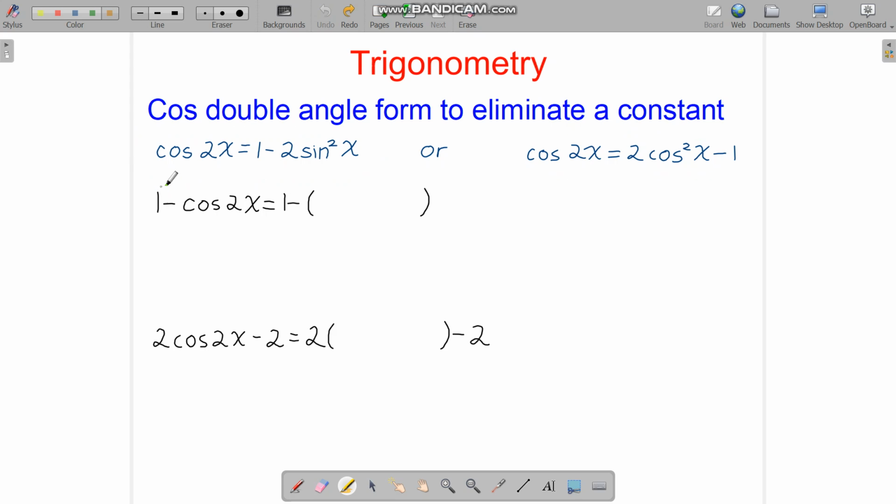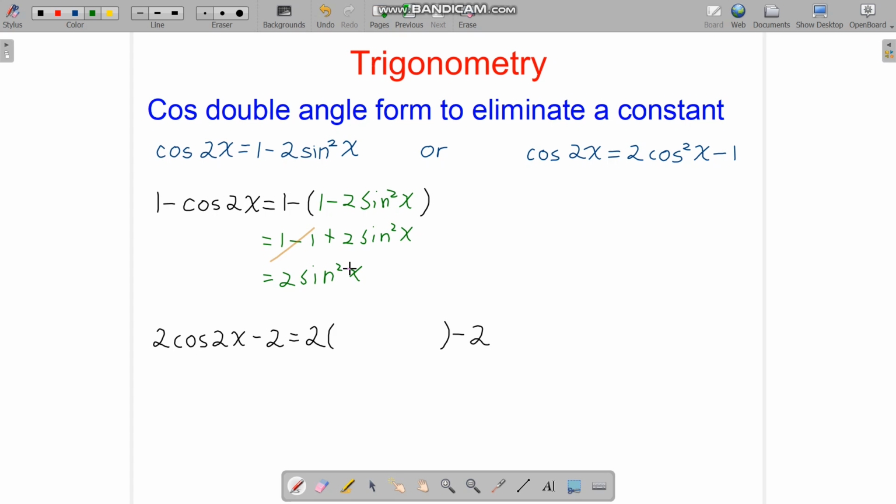If we have this kind of expression on the left, 1 minus cos 2x, if you want to somehow get rid of this 1 here, the constant, we can use the 1 minus 2 sine squared form, because when we open up the parentheses, we get 1 minus 1 plus 2 sine squared x. So we can cancel out the constant. We have only 2 sine squared x.